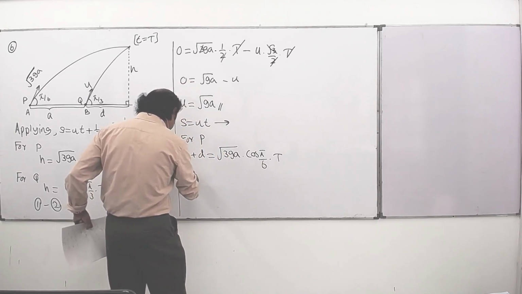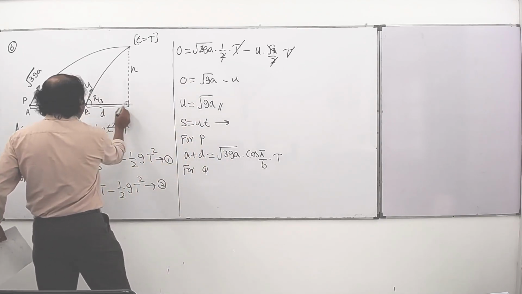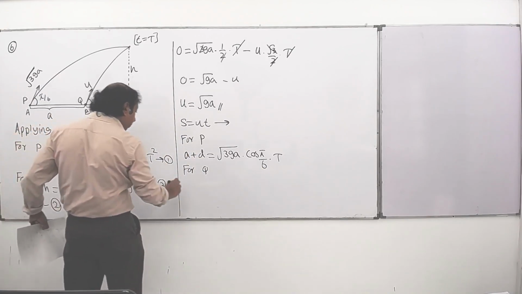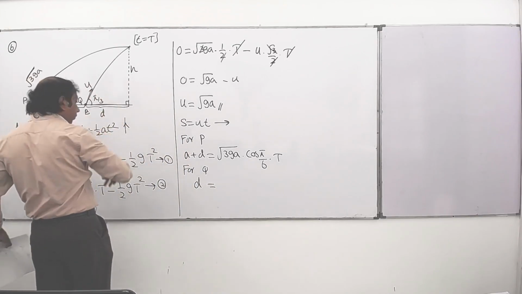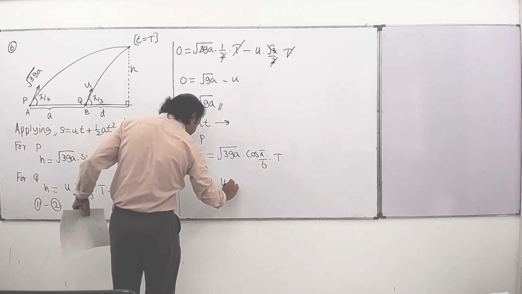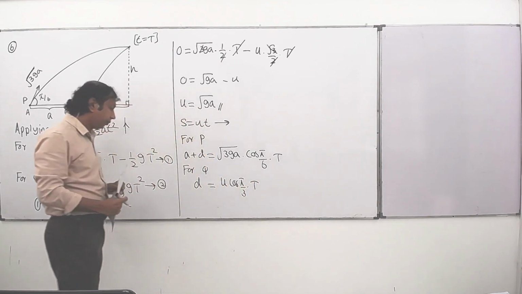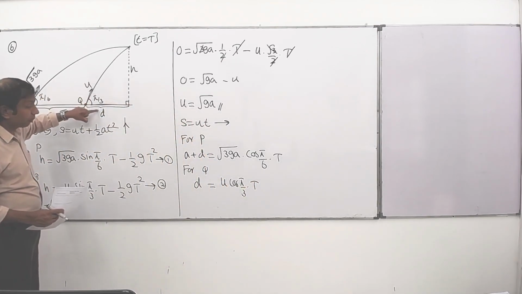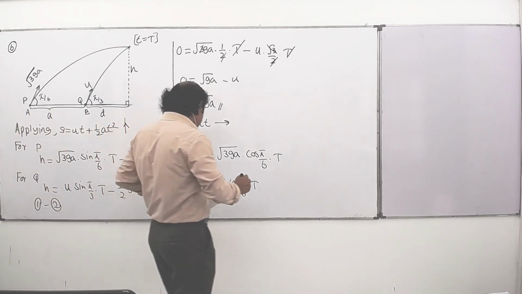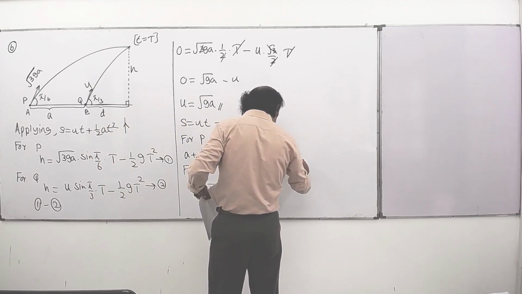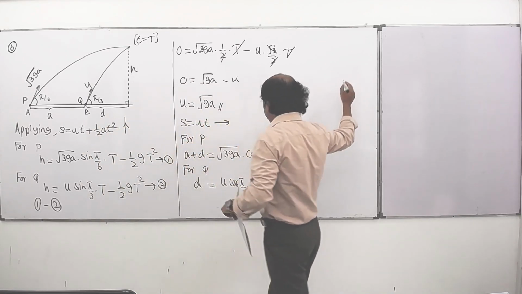For Q, what is the distance Q moved from here to here? Horizontally, d. u cos pi by 3 times T. Take this as number 3 and this as number 4. Then 3 minus 4 we get.